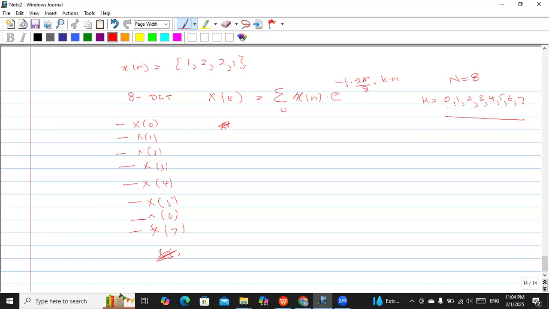So k will be from 0 to 7. Okay, now n is 8. So here also 0 to 7 you need to find. Now you can see that here we have only 0 to 3 xn, there is no x7, but n should be from 0 to 7. Then what you need to do, simply, you can add some zeros here.